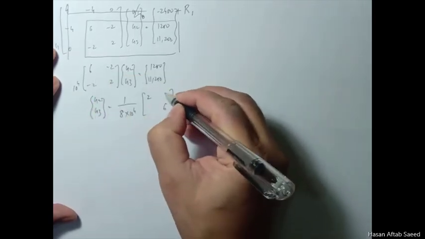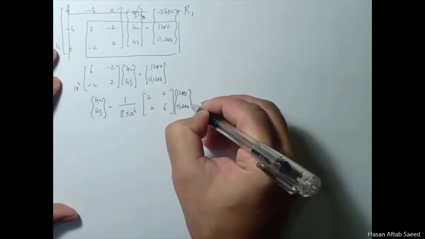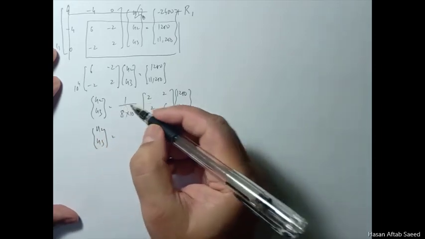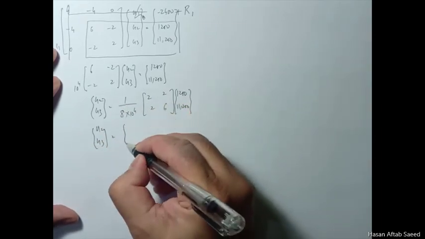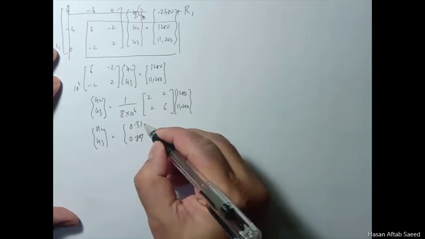two goes there, 6, 2, 1200, 11,200, and u2 and u3 turn out to be, if you calculate, 0.31 and 0.87.